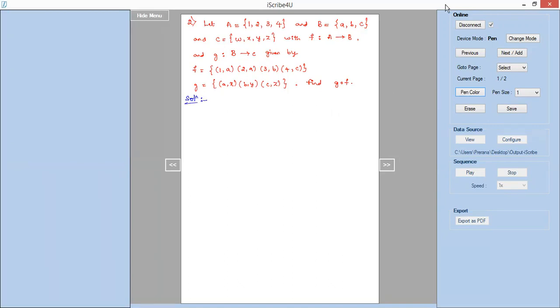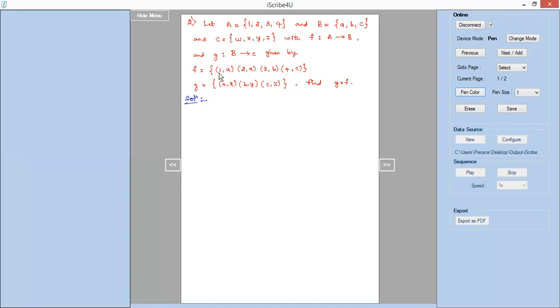Each of these elements in the function f is of the form x comma y. They can be read in the ordered pair form (x, y) in each of these cases. So when I want to write it down with respect to the function f, I can write down f of 1 is equal to a. The f function is defined on each of these elements, so I can write down f of x is equal to y format.